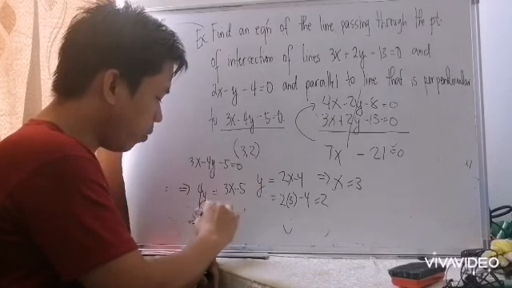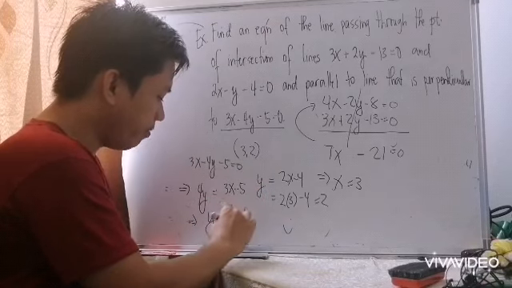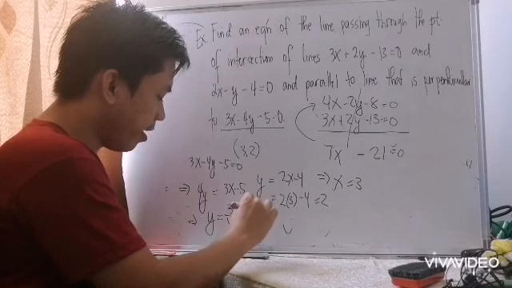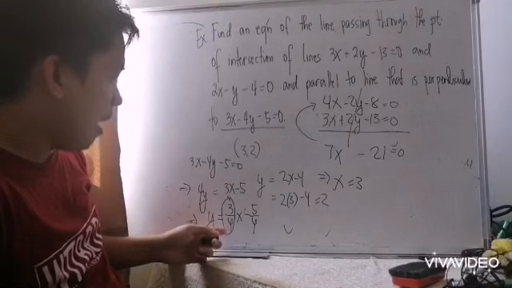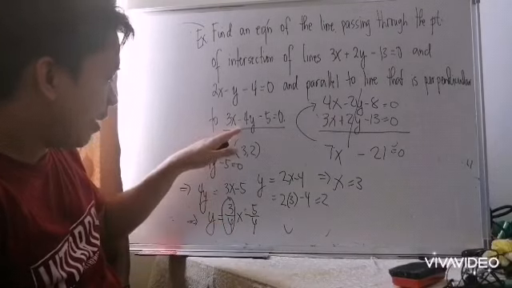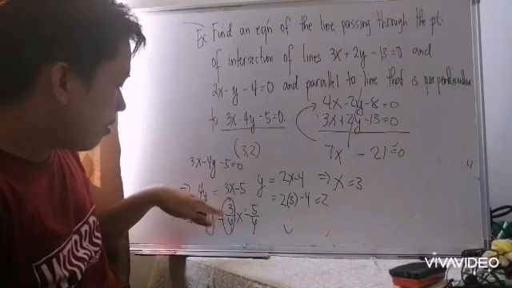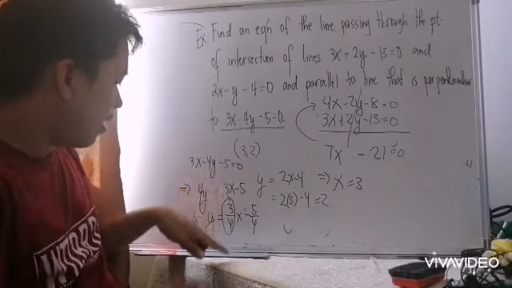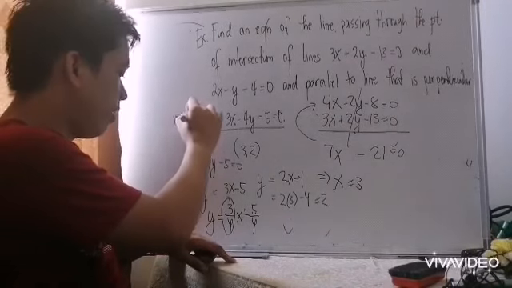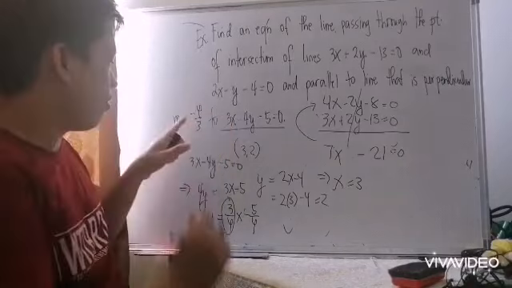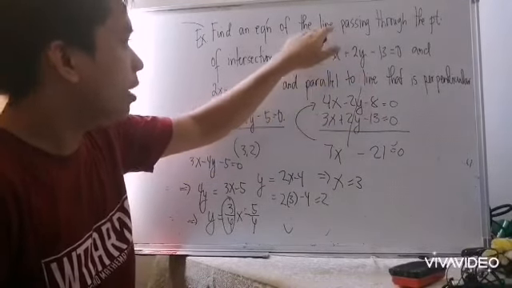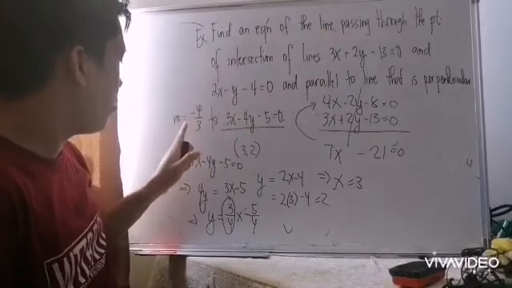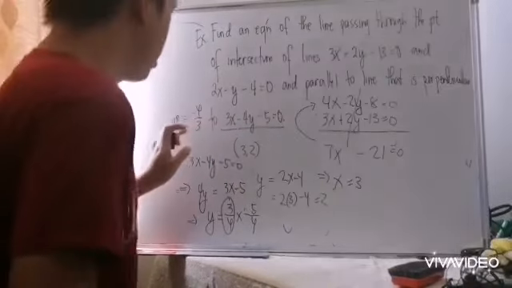Or simply you get y equals 3 over 4x minus 5 over 4. So therefore this is now the slope of this line. Now taking the slope of the perpendicular of this line, you'll get the slope as negative 4 over 3. So this is now the slope of the line that we're looking for. So this is now the slope that we're going to use.